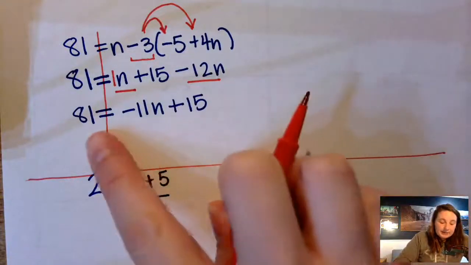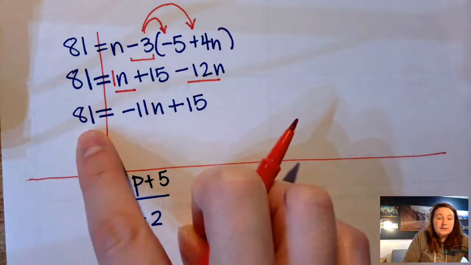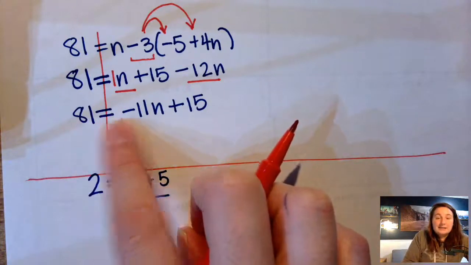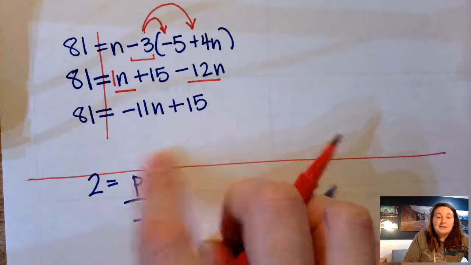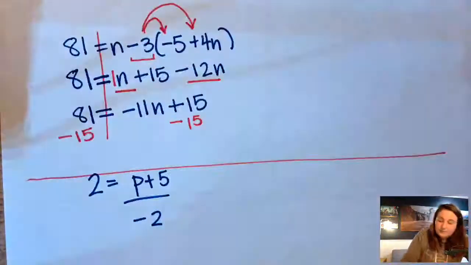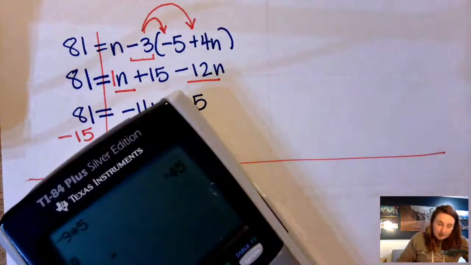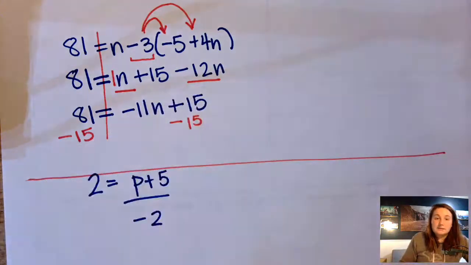Now I'm looking and I see that since this one is alone, I want to find out which one of these is friends with the 81. Since 81 is a constant, I want to bring the other constant over there by subtracting 15. And I'm going to use my calculator. 81 minus 15 is 66.